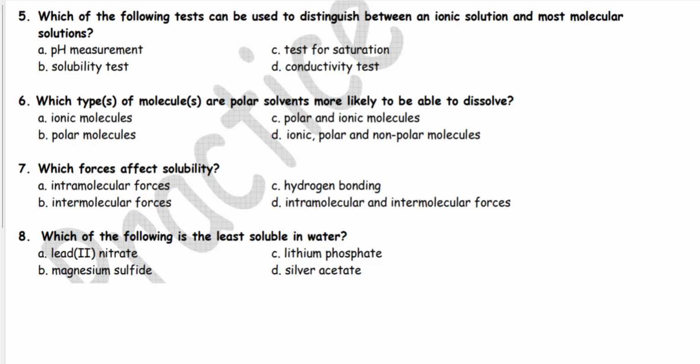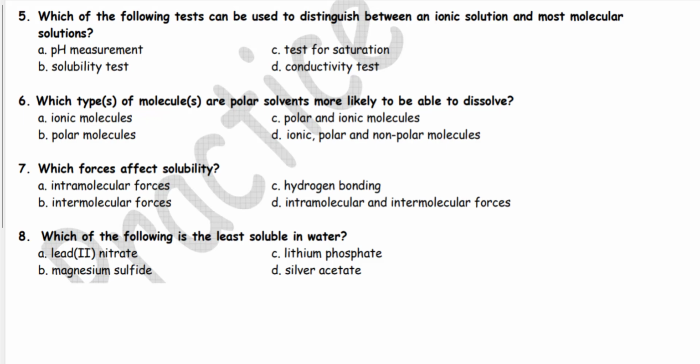Now, if you did a pH test, would that test the difference between ionic and molecular? No, you're right, because it has to do with acids and bases, so it has nothing to do with ionic. So, what about a solubility test? Yeah, that could work.